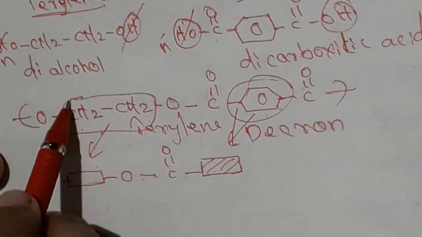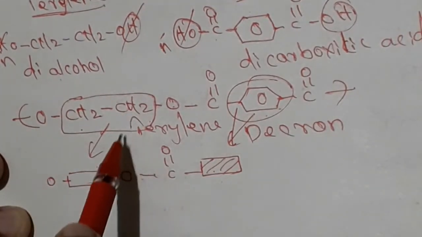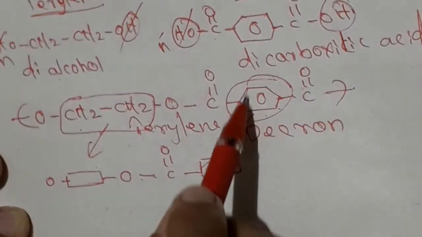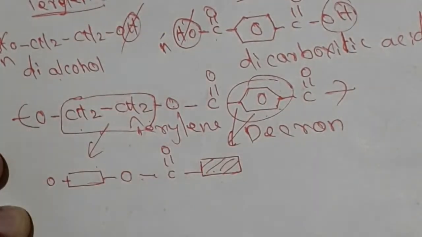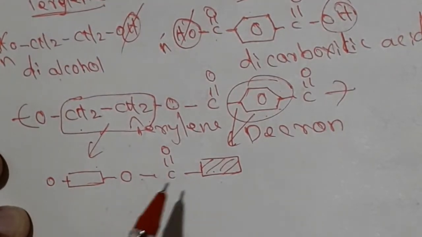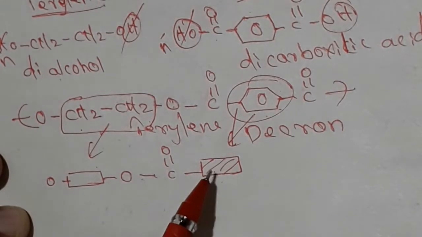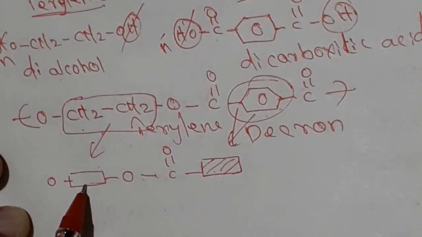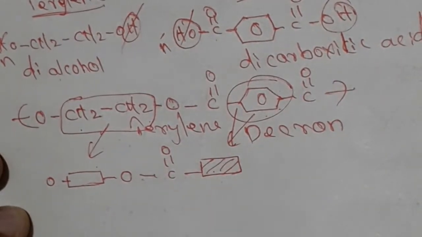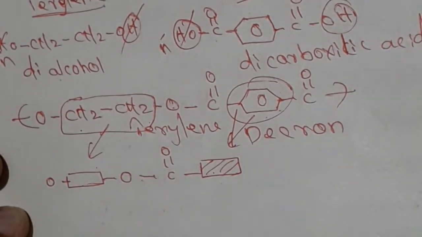Clear? This is CH2, and this is the benzene ring. These are different types of compound. That's why I am using different types of box. You can use a shaded box here and an empty box there, it doesn't matter, you can change it, but we will use different types of box.